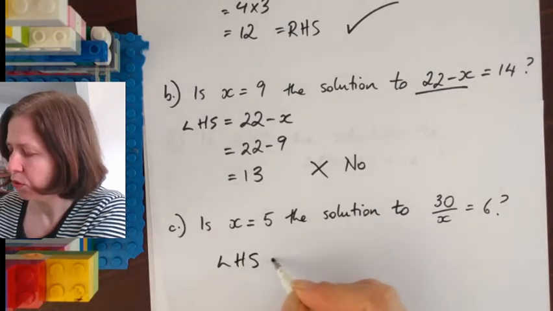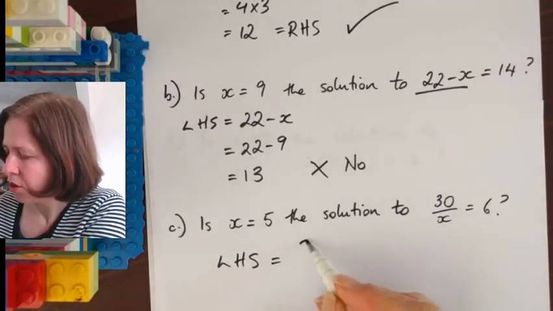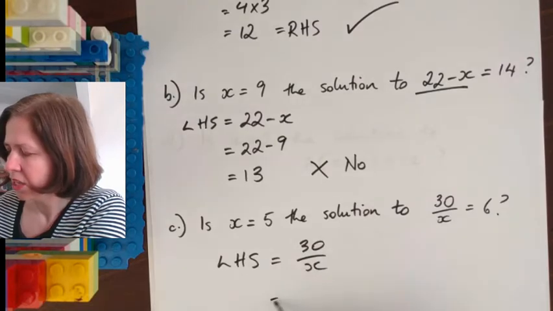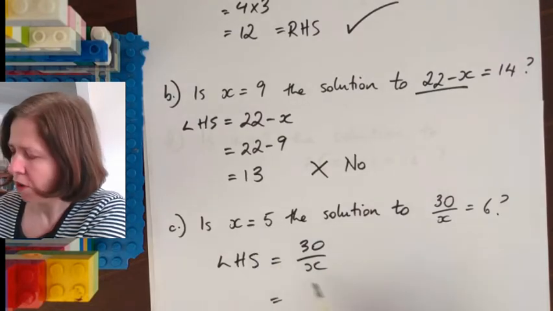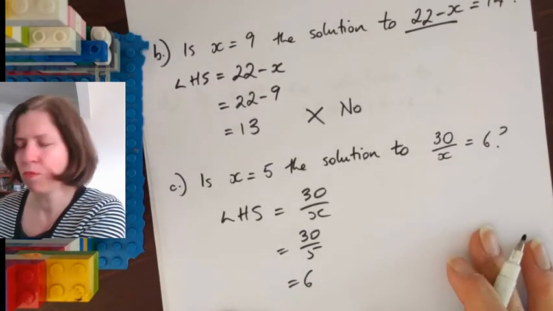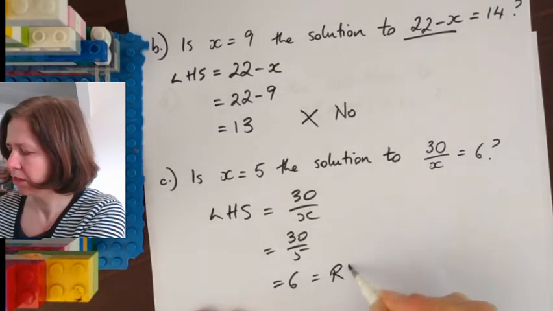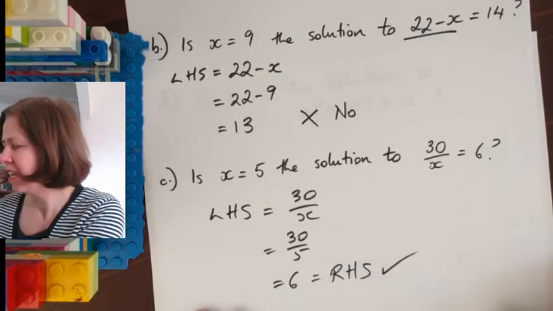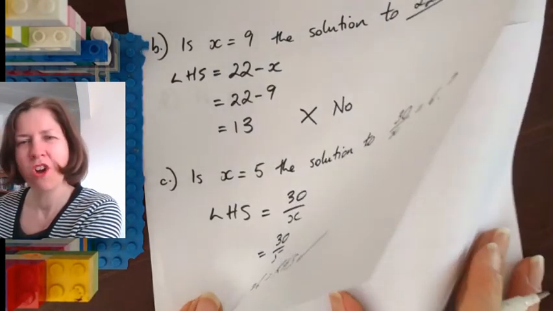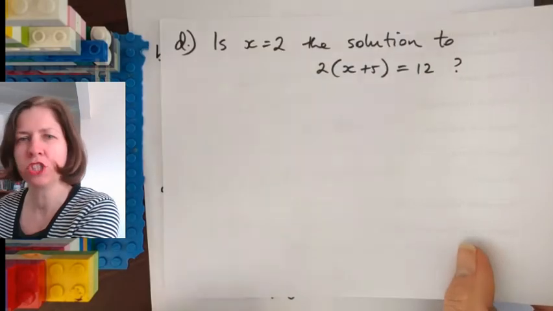Left-hand side equals 30 over x, and I'm going to substitute in x equals 5, so I get 30 over 5, which is 6, which is the right-hand side. Therefore, yes.